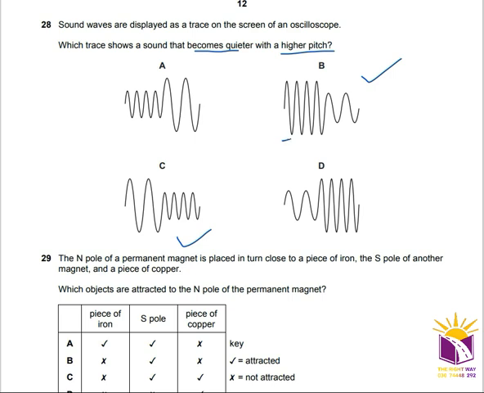In B, the frequency is higher previously, but not after the sound becomes quieter. But in C, previously the frequency is low, but when our sound becomes quieter, its frequency increases. So the pitch will be higher. So C is the right option.